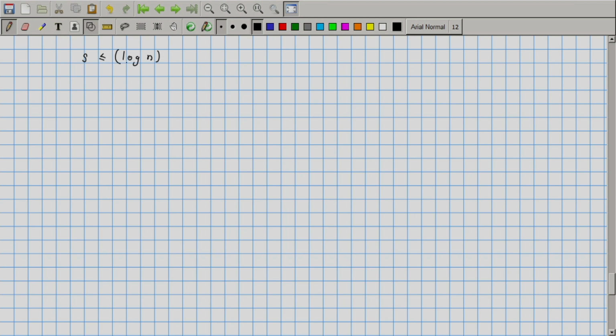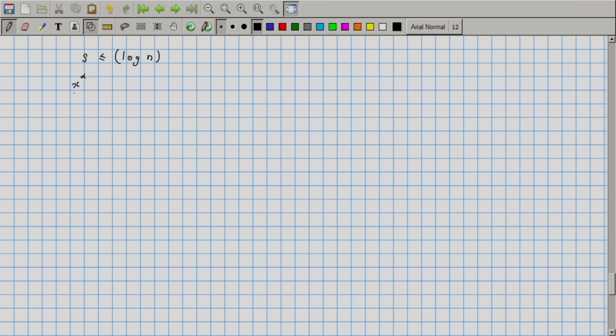When we talk about polynomial time, we want to mention that if the input size is x, then the algorithm works in x to the power alpha. At most, it does not take more than x to the power alpha for any input of size x.